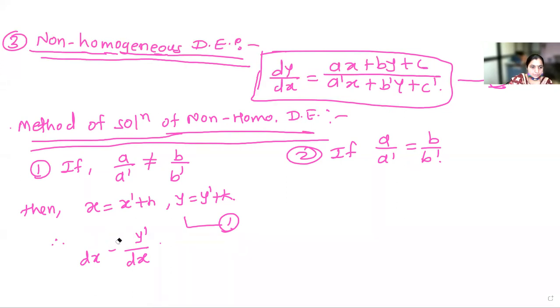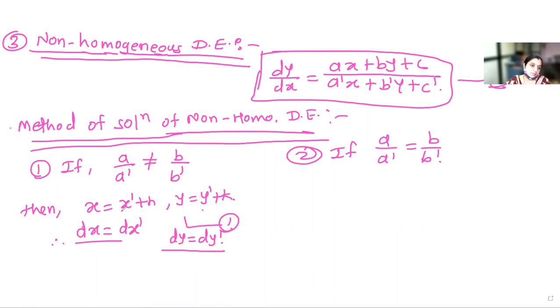If we differentiate both the equations separately with respect to x and y, we get dx is equal to dx dash and dy is equal to dy dash, differentiating with respect to x dash and y dash.